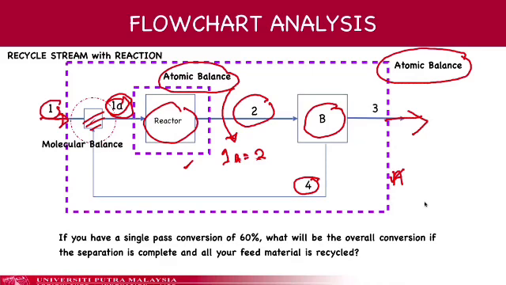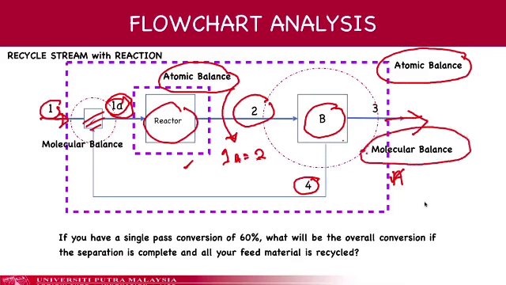The same goes for boundary number 4, which covers unit B. Because unit B is also a physical unit, we can perform a molecular balance to set up the mass balance equations that relate stream number 2 to stream number 3 plus stream number 4.